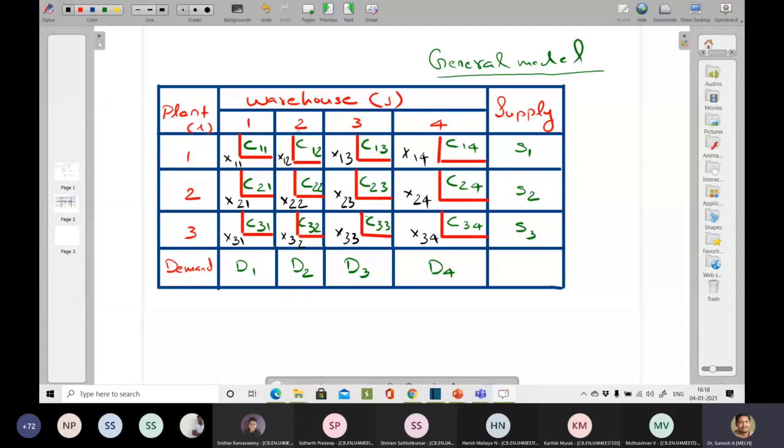Okay. So now what will be the total transportation cost? Add all the C11, C12, C13.